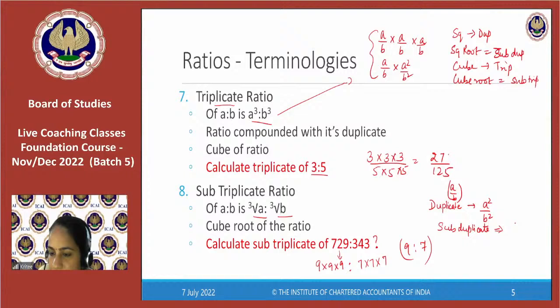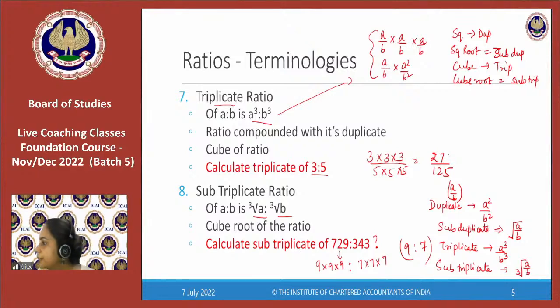Subduplicate of that ratio will be the square root of the ratio. Likewise, triplicate is the cube of the ratio, and subtriplicate will be the cube root of the ratio. It's like this. 9/7 is correct.